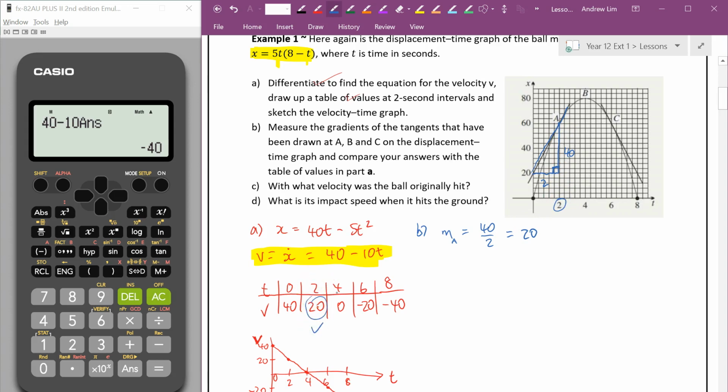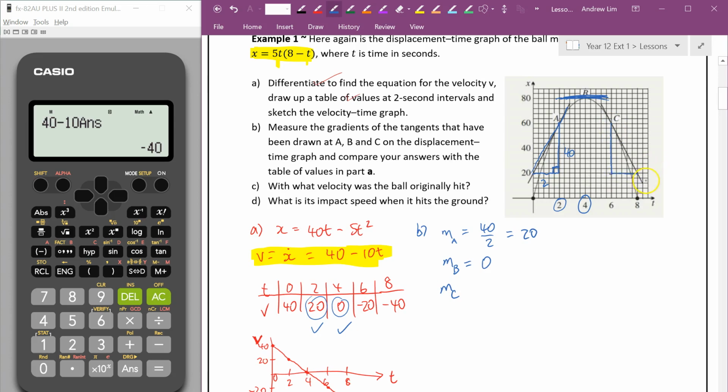So that's good. The gradient at B: if we were to draw a tangent, because that's a stationary point, the gradient is just going to be 0. B is at t equals 4, and according to our table of values, at t equals 4 the gradient is 0, which is correct. For the gradient of C, the tangent's already drawn for us, so I'll draw my right angle triangle.